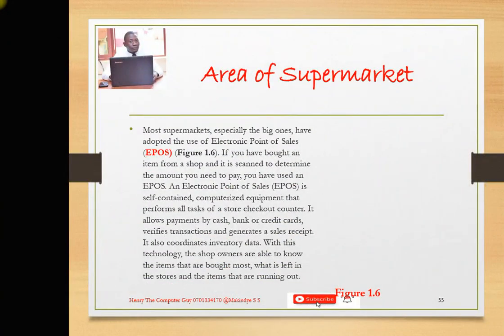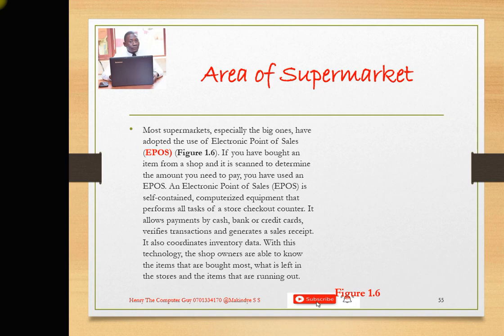They're telling us that most supermarkets, especially the big ones, have adopted the use of electronic point of sales. Remember I told you about the electronic point of sales or the POS. That area where the cashier is seated. After you pick a product you want, you'll take it to what we call the point of what?